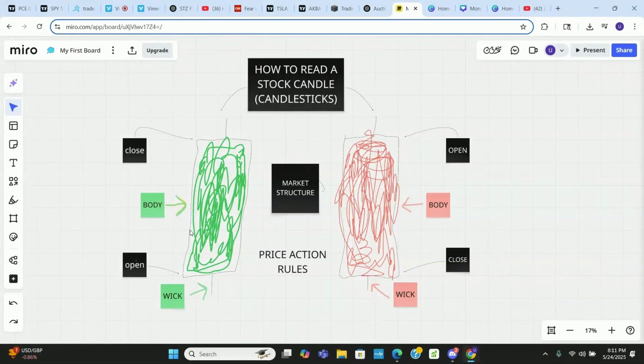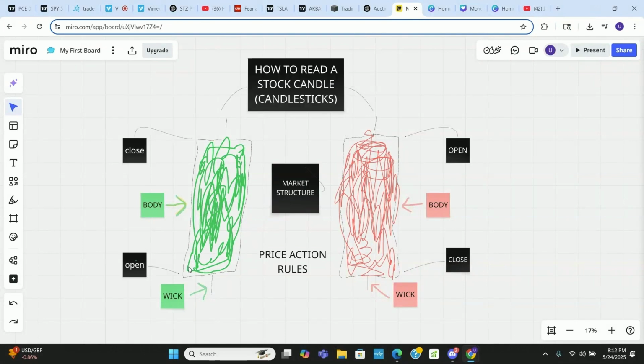Now, since this candle is a green candle, and green typically means going upward, price started from the bottom and opened because it's coming from a lower price. It's coming from a lower price. A candle you can't see, but if price is going upward, then obviously it had to come from somewhere. So price opens up right here. And let's say, just for an example, that we're on a daily chart.